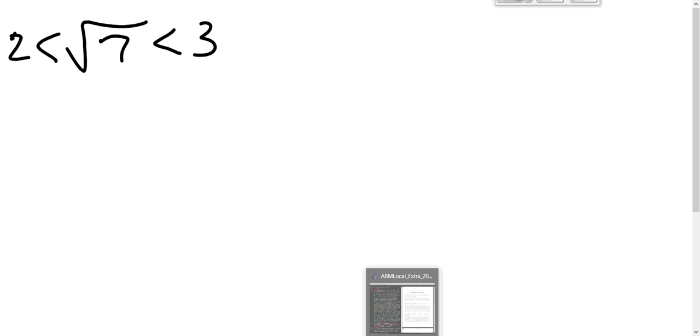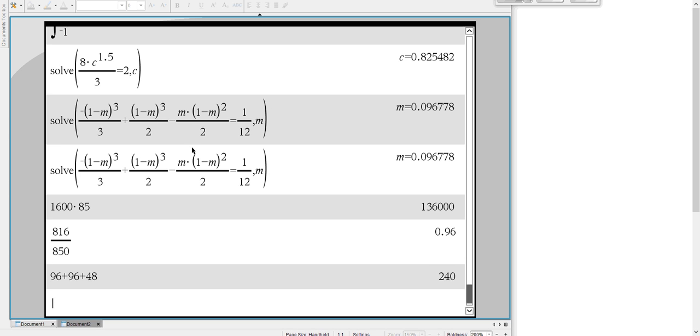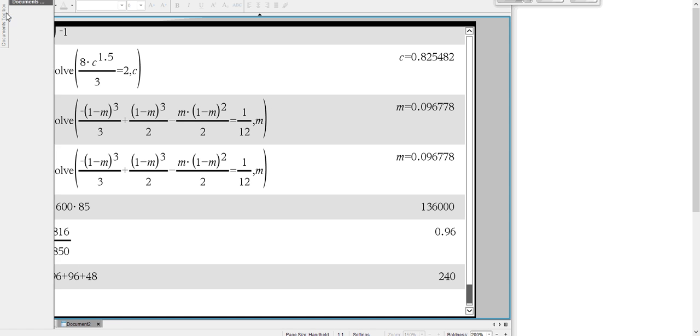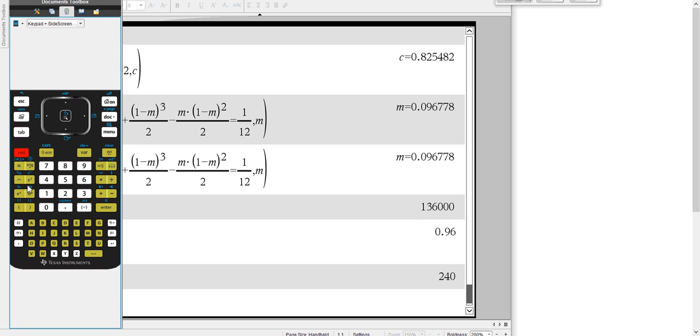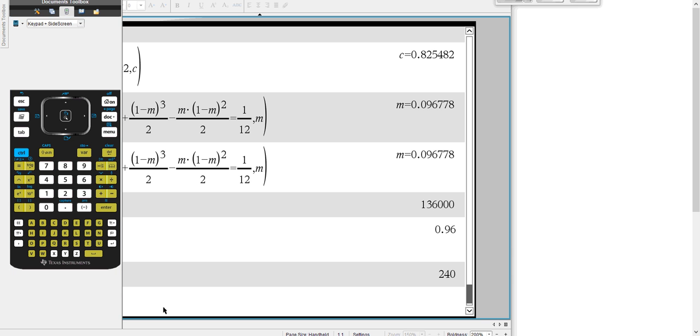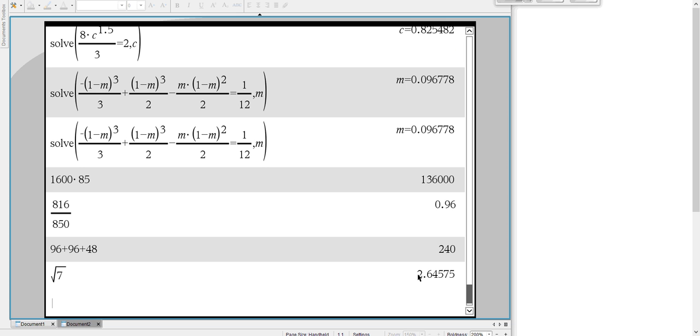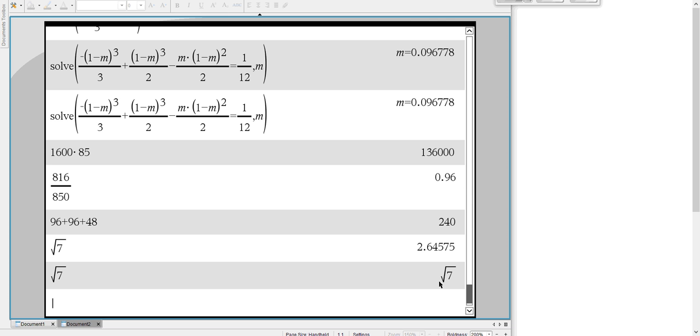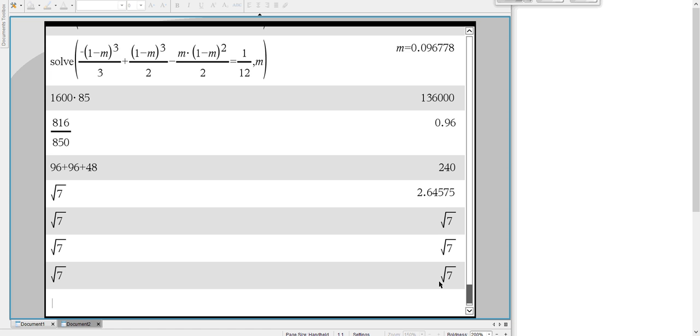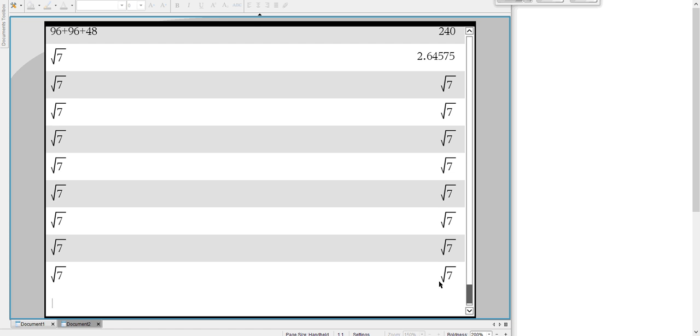So I bring up my fancy trusty calculator here, and I ask it what the square root of 7 is, and it decides to be a pain and tell me that it's this crazy number. Well, that doesn't seem like a fraction, because I have a fancy calculator that turns things into fractions when they're fractions, but that's not a fraction. So it's this. More specifically, it's this.